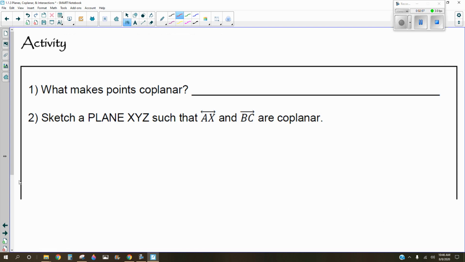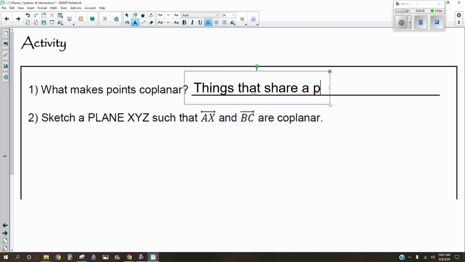So it says, what makes points coplanar? Okay, coplanar. What makes things coplanar? So coplanar is things that share a plane or a flat surface. So an example of this right now, many of you might be sitting at a table or a desk or even on your bed.